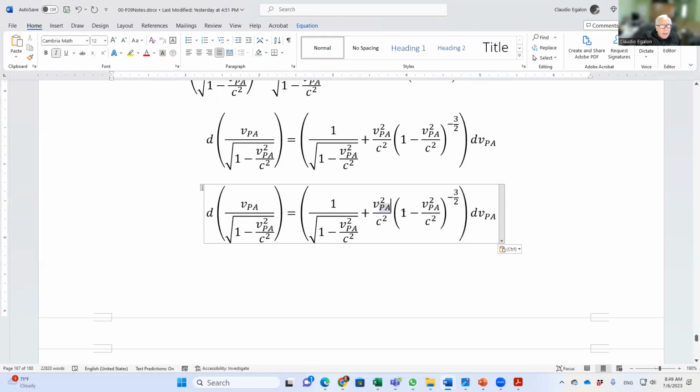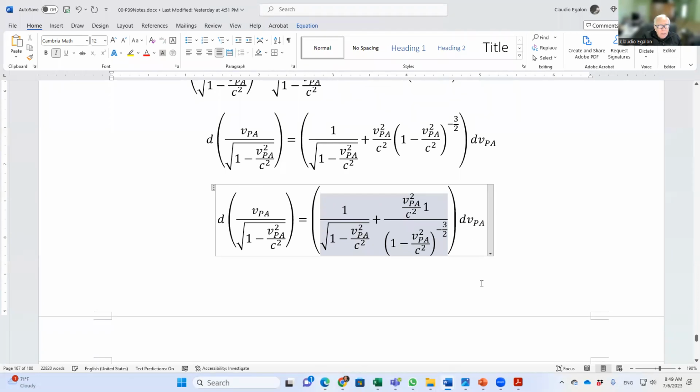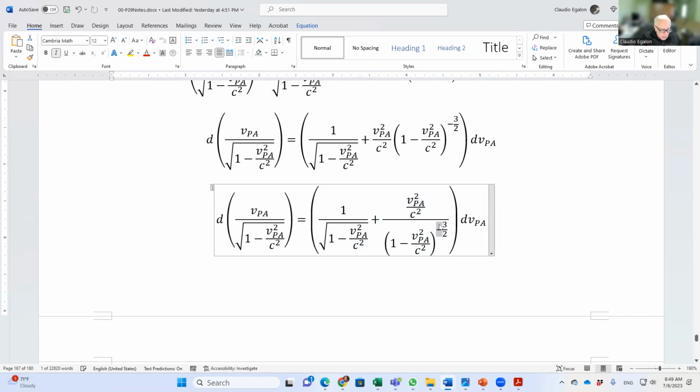I'm going to get 1 divided by that. Okay. And then we have to change the sign of the 3/2. We're not quite there yet, but we're getting close.